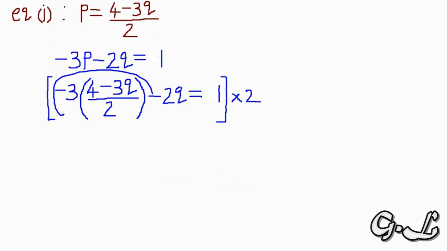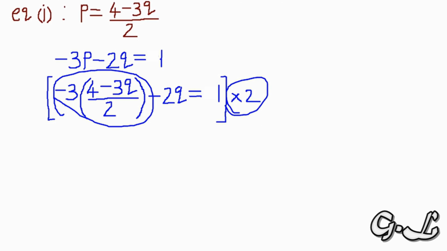So when you consider the first term that we have there, we have -3 open parenthesis 4 minus 3q over 2 close parenthesis. When you multiply that term by 2, the 2 is going to be cancelled, so you're not going to have the denominator as 2, you're going to have the denominator as 1.